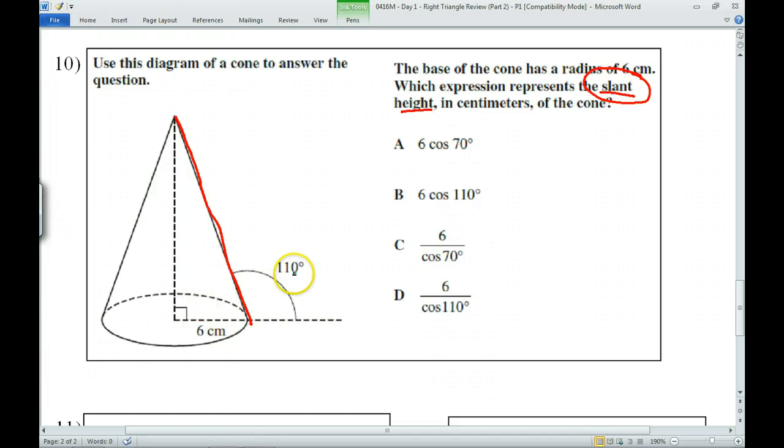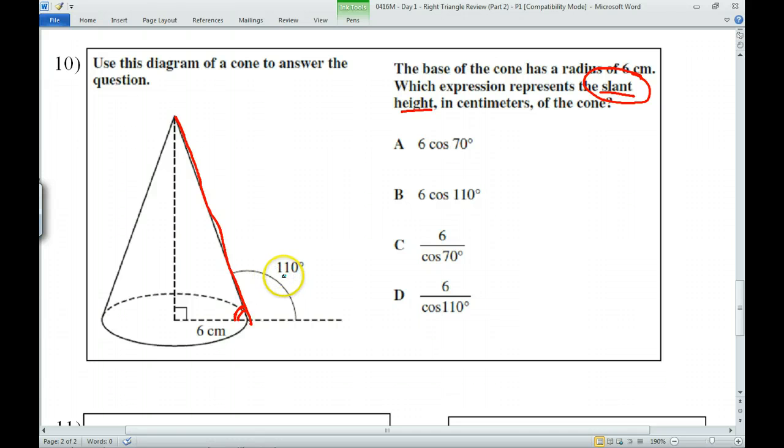We have this 110 out here, but we really need to know what this angle is on the inside of the triangle. How am I going to find this angle that's on the inside of the triangle right here? Well, anytime you have a straight line like this, what's the total degrees formed? Well, that's going to be a total of 180.